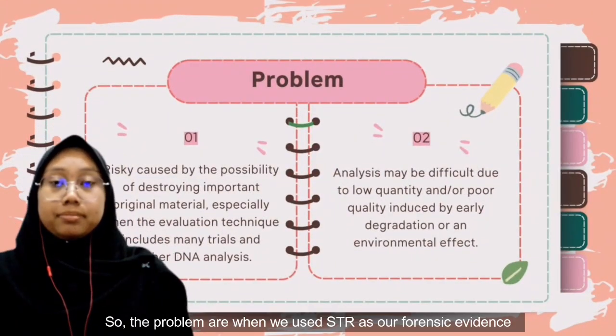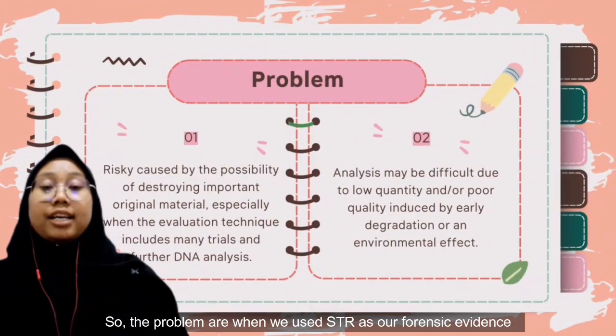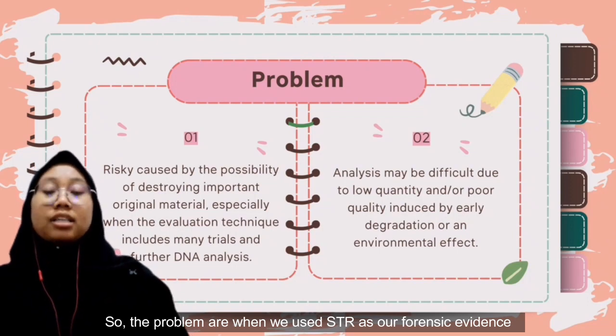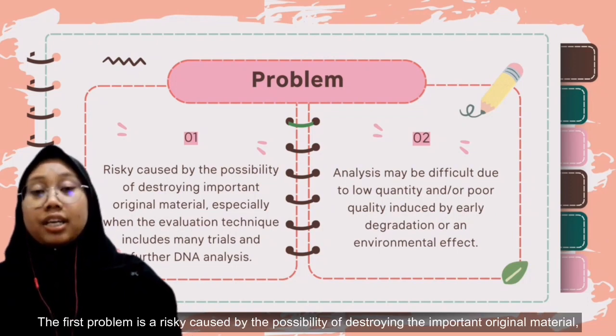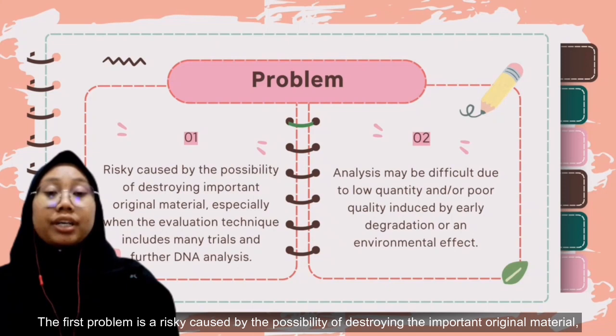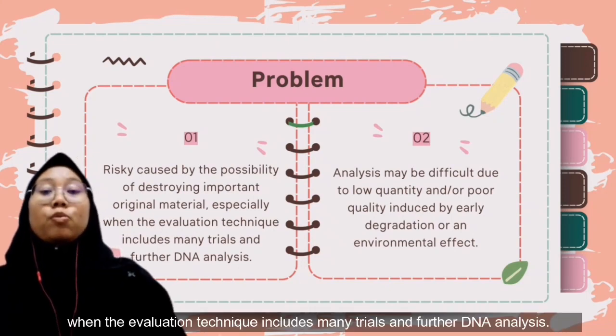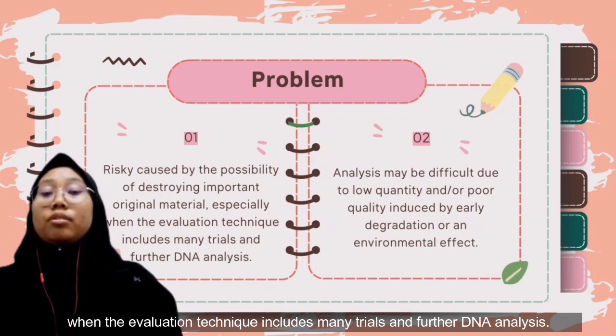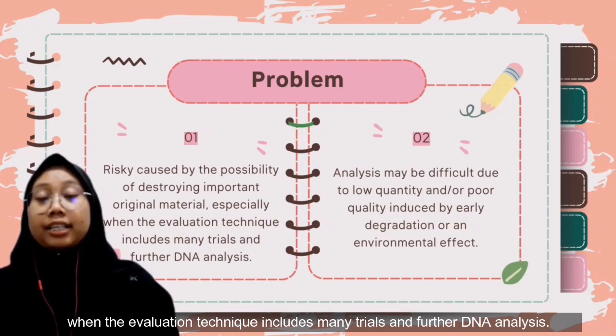The problems when we use STR as forensic evidence: the first problem is the risk of destroying the important original material when the evaluation technique includes many trials and further DNA analysis.